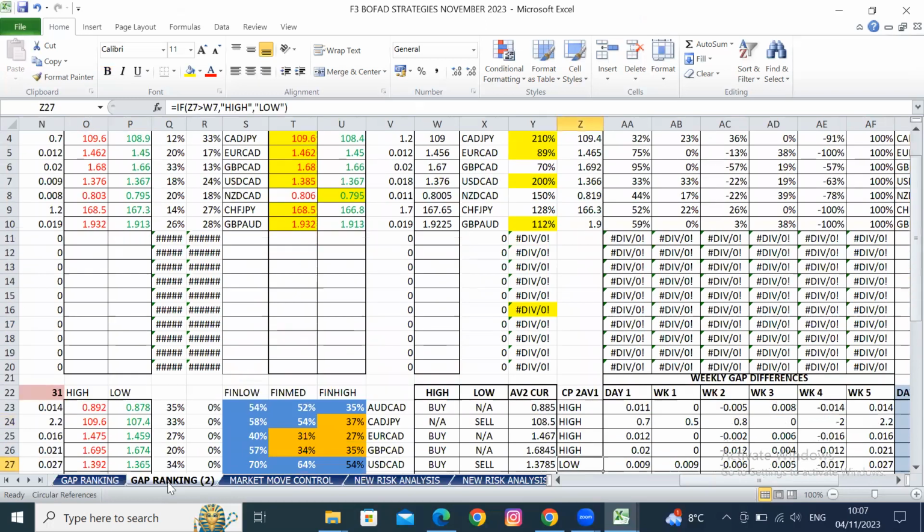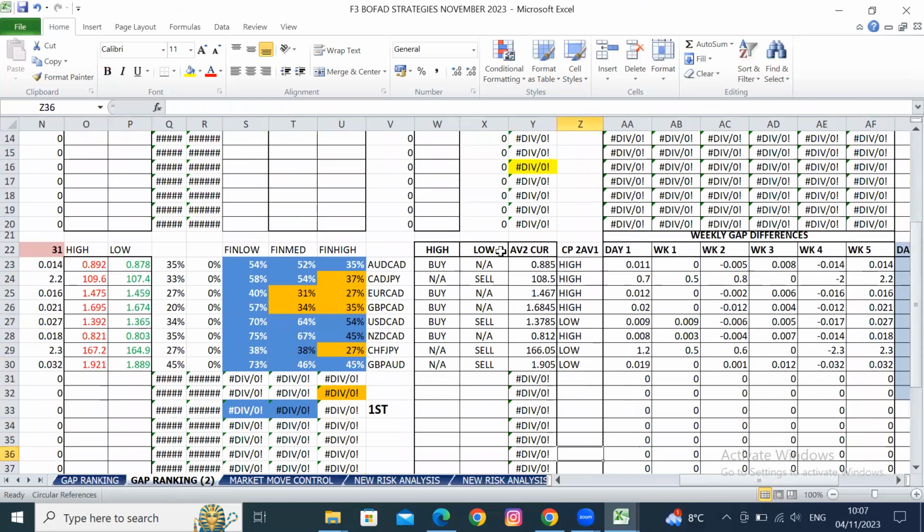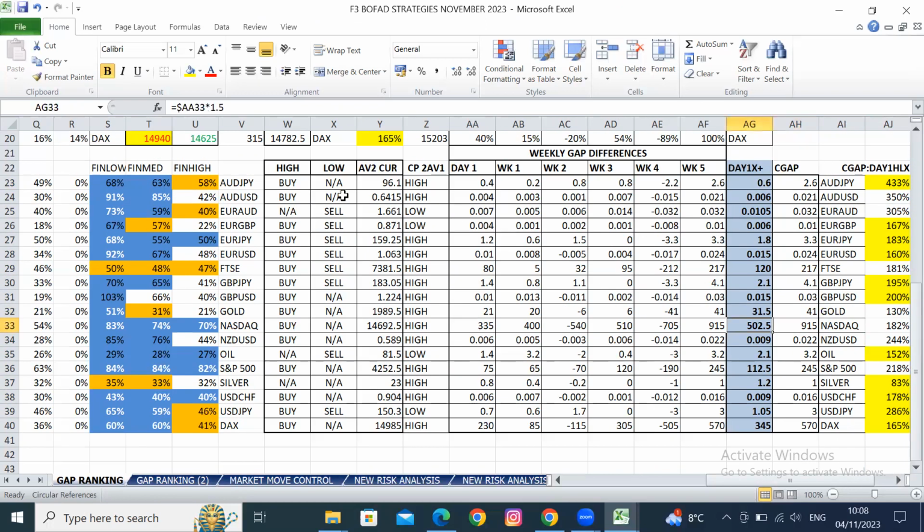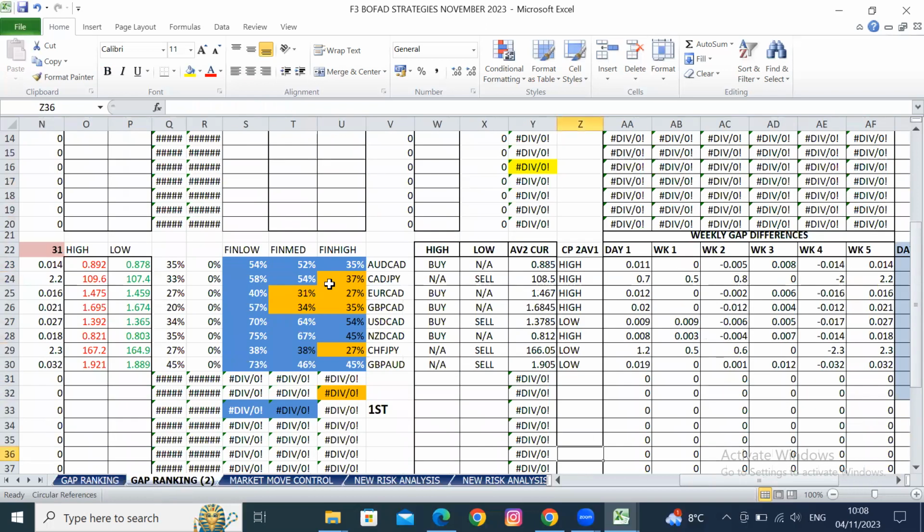So this is our update as at now. For the remaining part of the products, let's see how many products we have that have only gone in one direction. 1, 2, 3, up to 19.